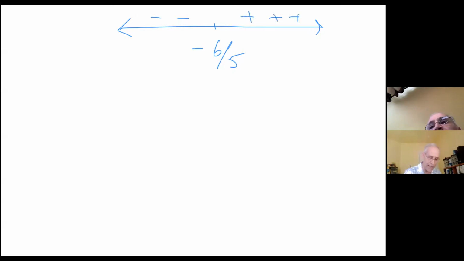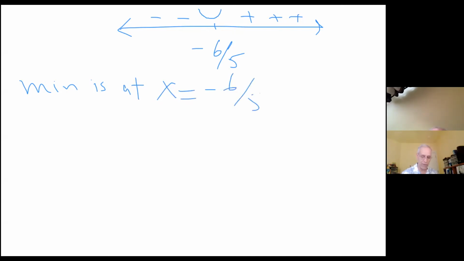So notice that the slopes of the tangent lines are decreasing, turning around and increasing. So at negative 6 over 5, I have a minimum. So my min is at x equals negative 6 over 5.